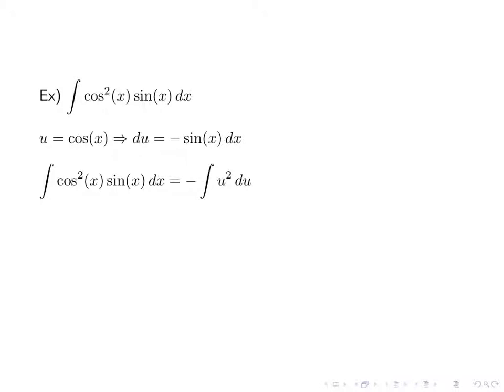Then if we do u substitution, we end up with the negative, and the cosine squared becomes u squared, the sine x dx is the du, and again with the negative. Then we integrate, and then we replace back what u is. So if we have things of the form sine to a power, cosine to a power, and at least one of them is odd, then we just end up, after u substitution, with a nice polynomial.